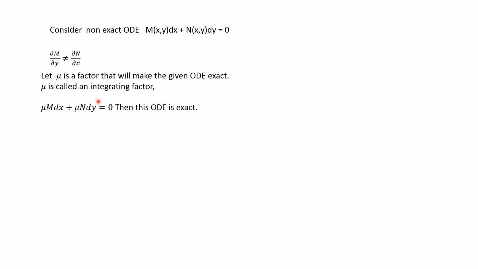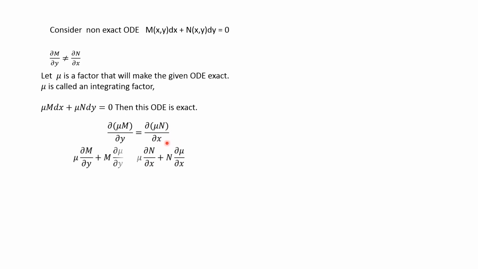Now we multiply both sides of this differential equation by mu, and it becomes mu M dx + mu N dy = 0. Then this ODE is exact. Since this is exact, this should be the condition: the partial derivative of mu M with respect to y equals the partial derivative of mu N with respect to x.